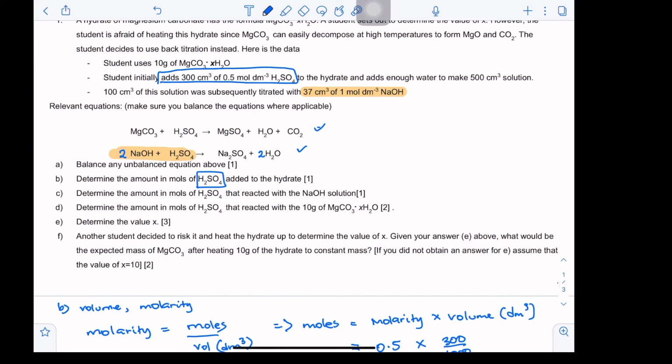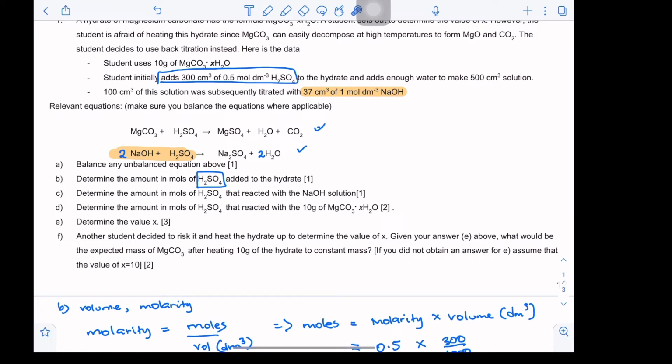Okay, so the next question says calculate the moles of H2SO4 that reacted with the hydrate, the 10 gram of hydrate. What we know is that the hydrate reacted with some H2SO4, and then the leftover, so we made a 500 ml solution, and then the leftover from 100 ml solution reacted with this sulfuric acid.